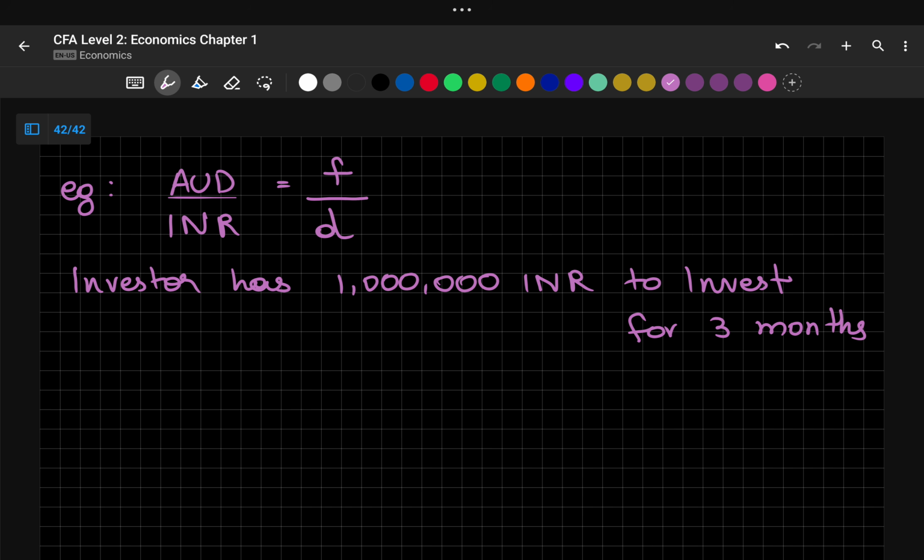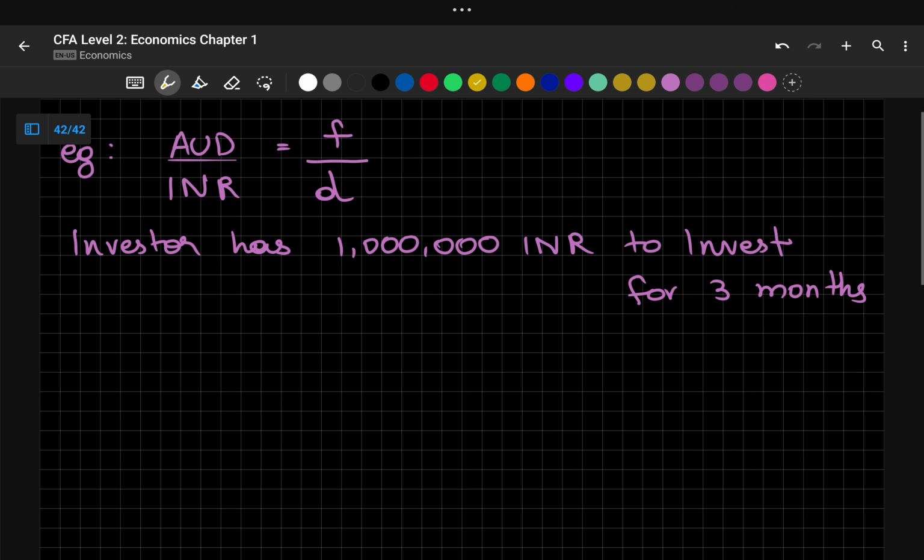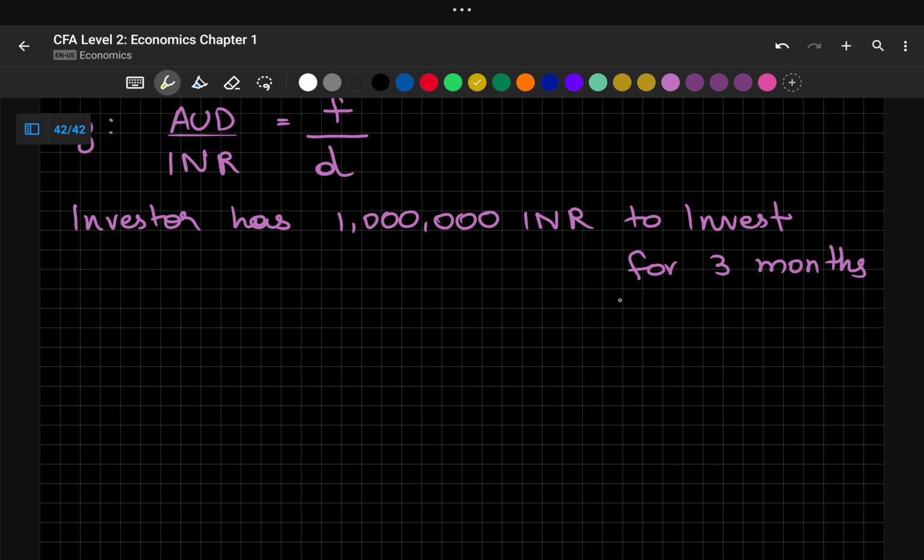What are the two choices? The investor wants a risk-free investment. Now, what are the choices that the investor has?